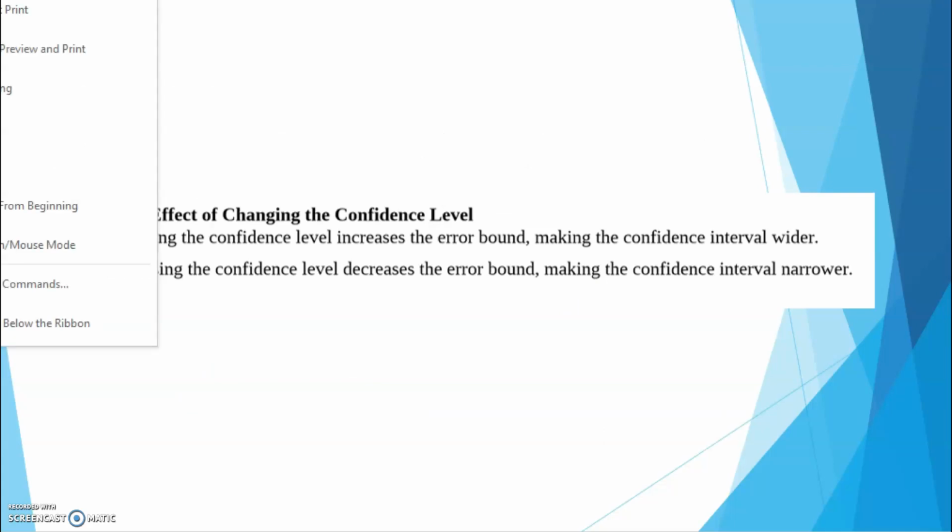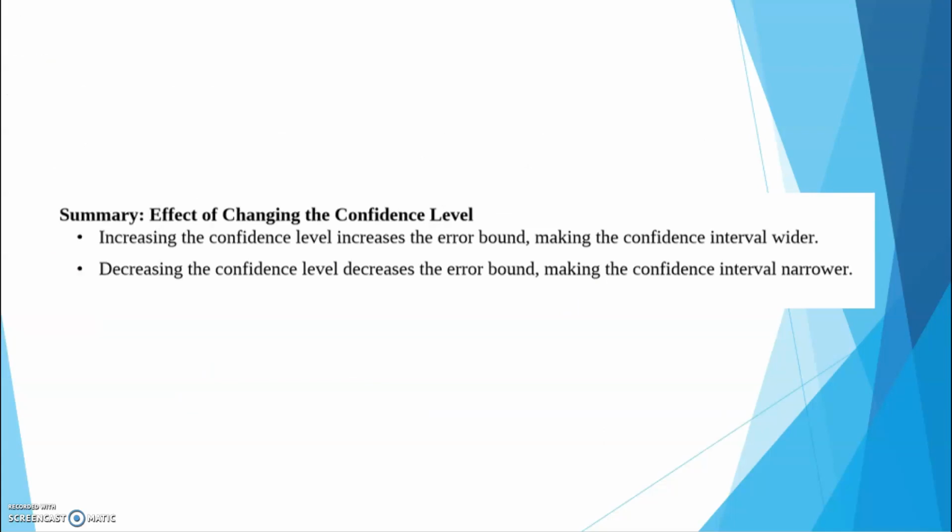Increasing the confidence level increases the error bound, which will make the confidence interval wider. Important part: increasing the confidence level will make the confidence interval wider. Decreasing the confidence level will make the confidence interval more narrow. Okay?